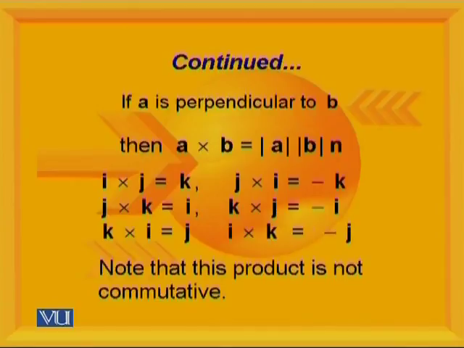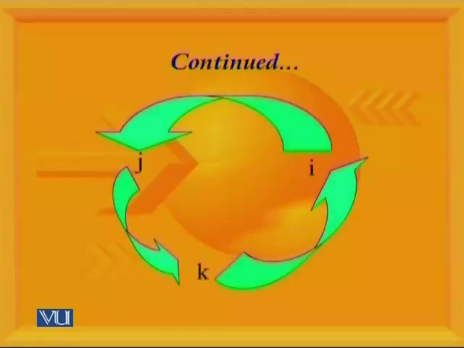You can easily note that this cross product is not commutative. So A cross B is not equal to B cross A, but it will be in the opposite direction.